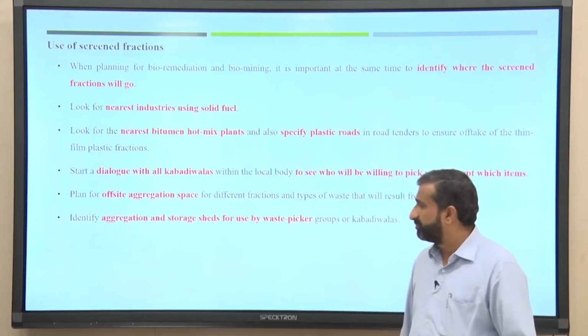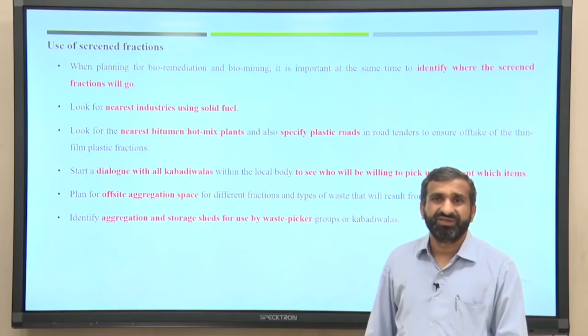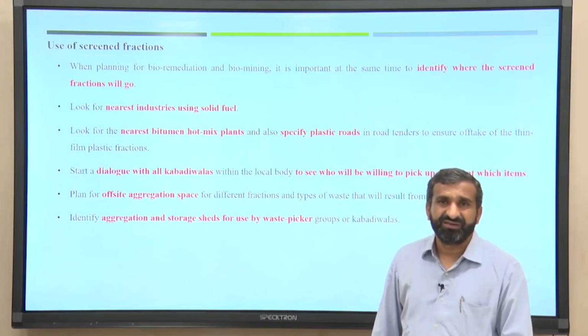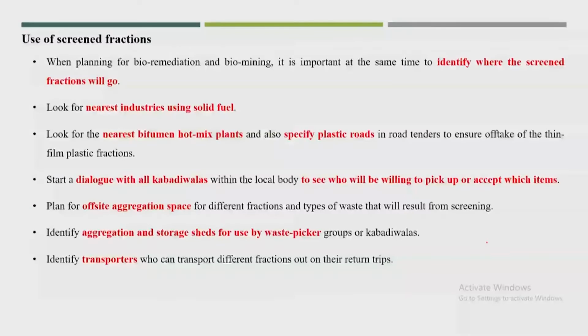If you can provide one particular shed, some storage facility, any kabadiwala can come and collect the waste material. Identify transporters who can transport the different fractions on their return trip. This is also one important point, because for the kabadiwala, if you can provide one particular transport, that is also beneficial.